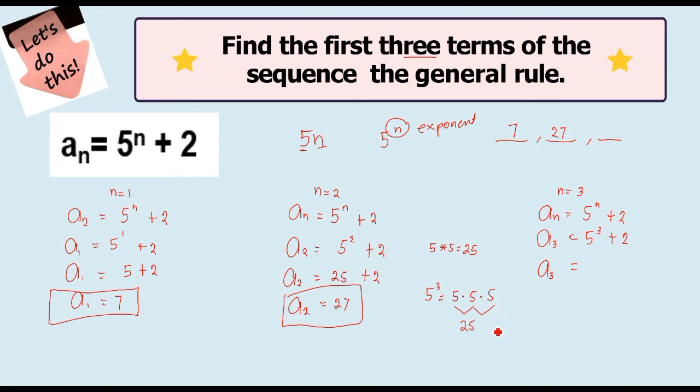So, yung 25 times 5, that is 125. So, therefore, 125 plus 2. So, a sub 3 equals 127. Okay? So, yan po yung pangatlong term. So, that would be our first 3 terms of the given general rule, a sub n equals 5 raised to n plus 2.